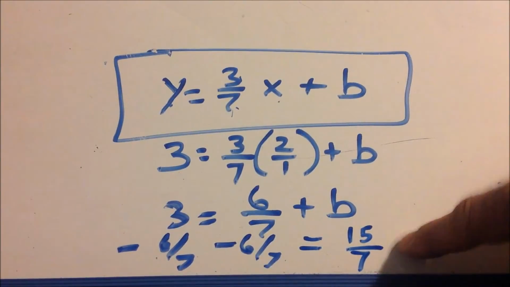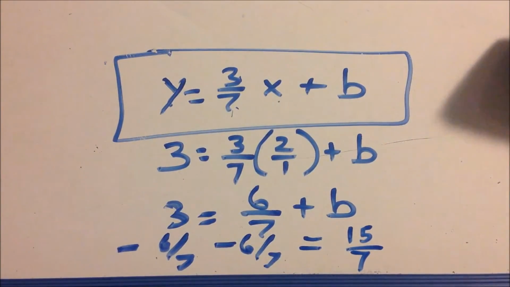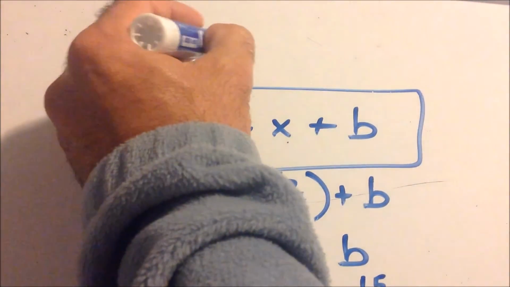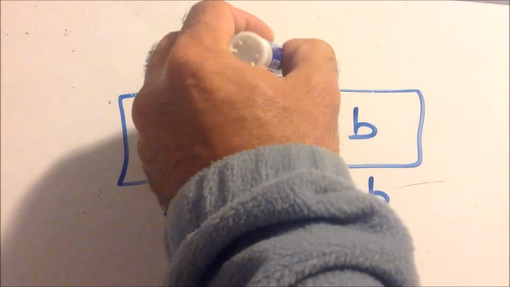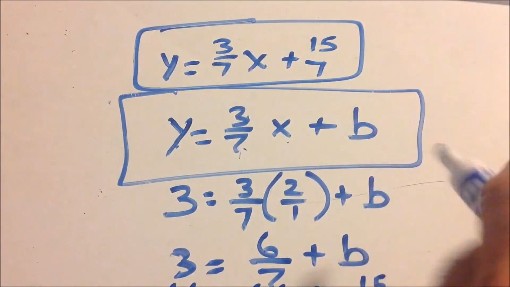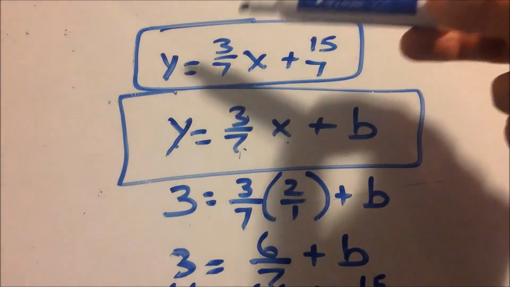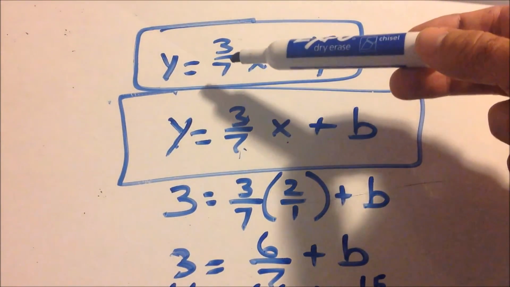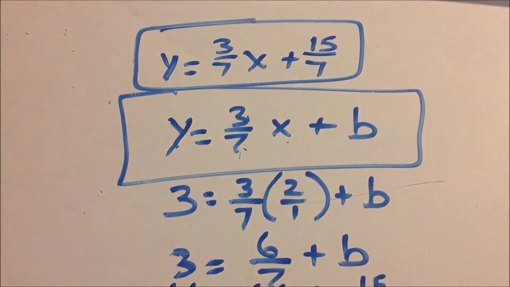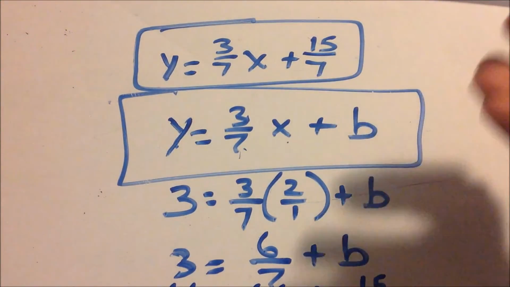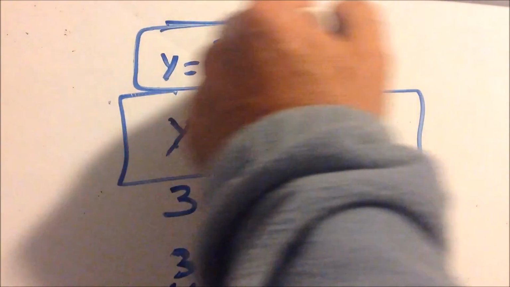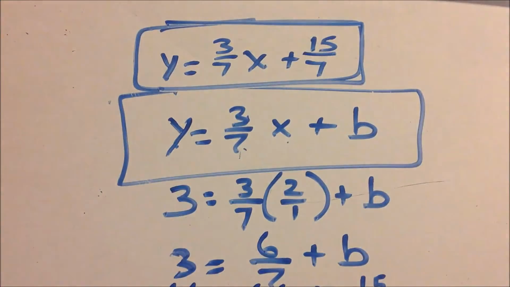So our final equation is y equals 3/7 x plus 15/7. That's the equation. And we know from this that the slope is going up 3/7. It's going to cross at 15/7, which is 2 1/7. That's where it's going to cross on the line. And we know it's positive because it's a positive slope.